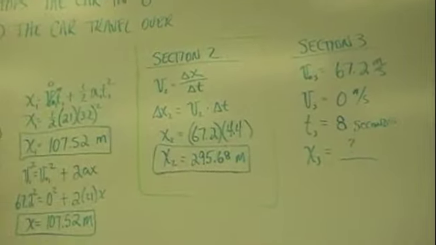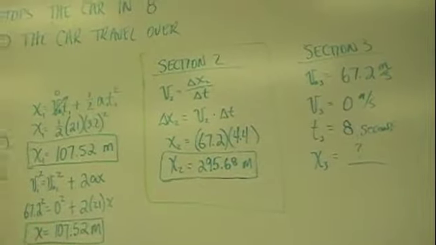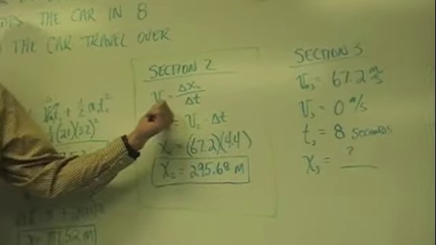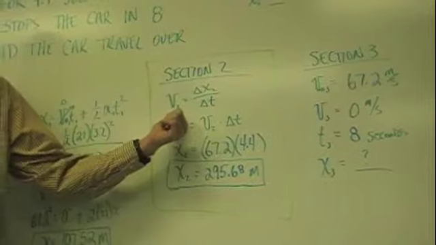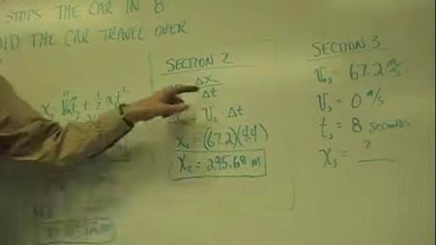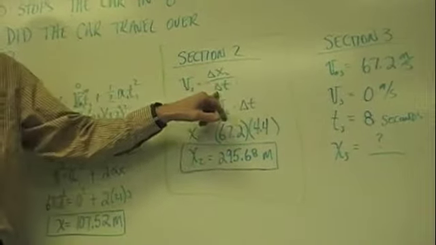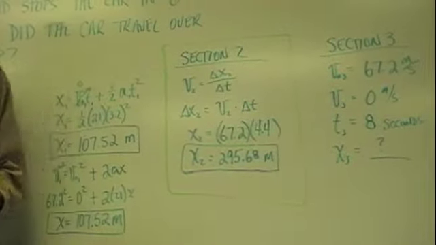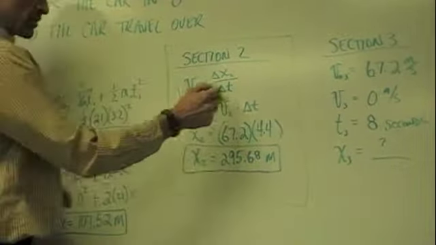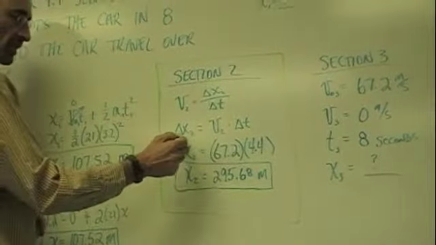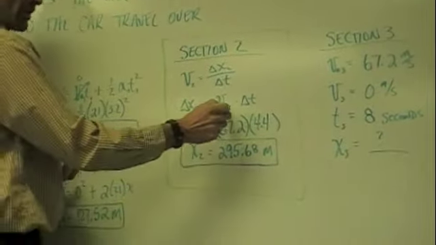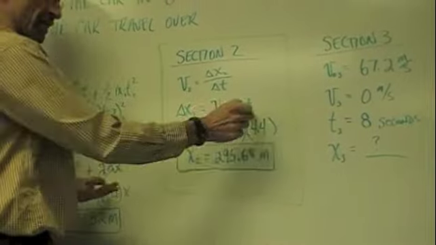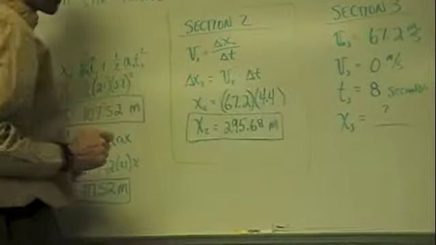He's not accelerating, right? So if he's not accelerating, then we go back to the stuff that we worked on before. Velocity simply is equal to delta x over delta t, right? Okay. So if we want to find the distance, we can just multiply both sides by delta t. So our distance traveled is going to be our average velocity times our time.